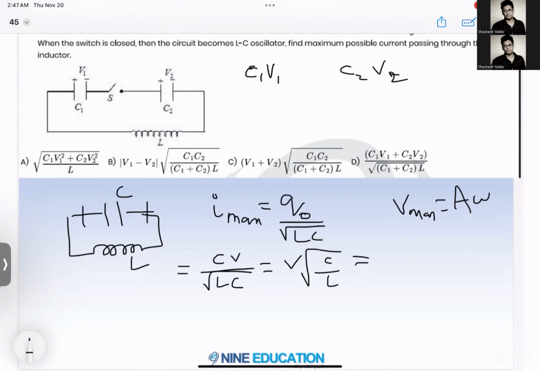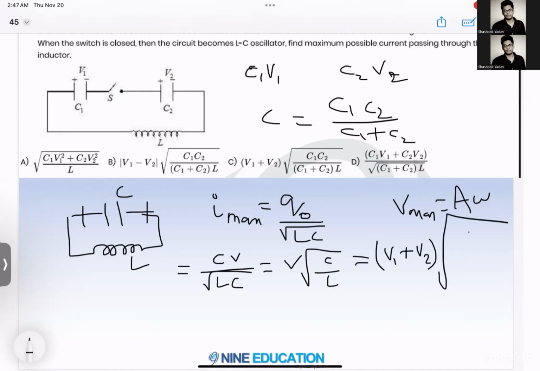Therefore, this is nothing but V1 plus V2 into the effective capacitance when two capacitors are put in series, which is going to be C1 C2 by C1 plus C2. Therefore, here we will get under root C1 C2 by C1 plus C2 into L. That means the answer is C.